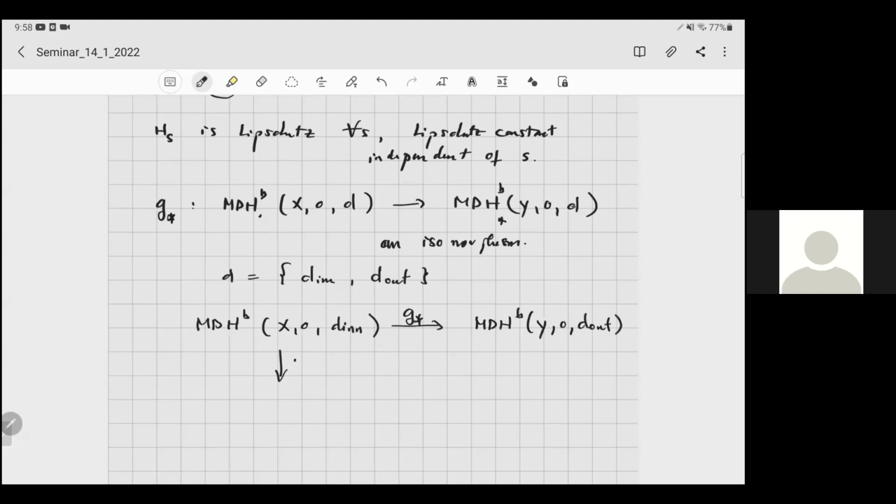And here we have the identity map at 0. We get MD homology of X0 with d out and MD homology of Y, sorry, the in to the in, and this is the out. So we have identity.